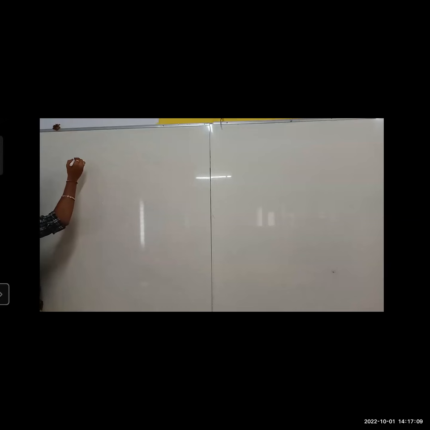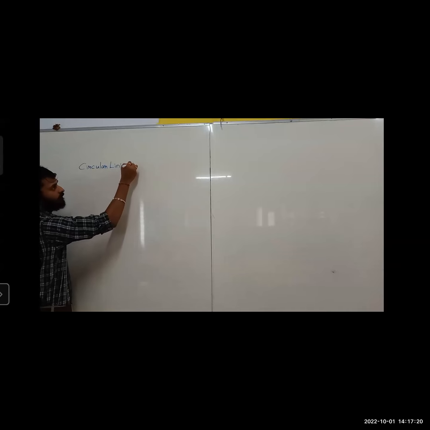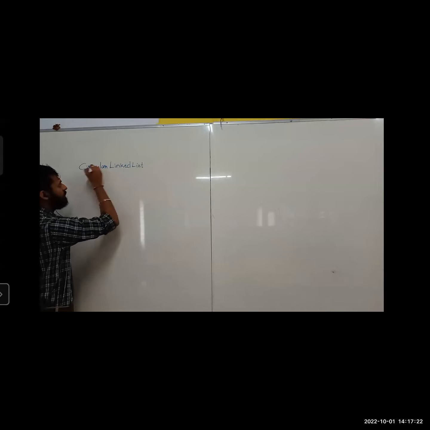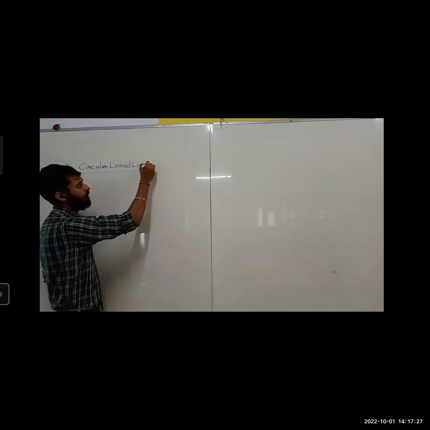So next, here I should consider this is nothing but a circular linked list. Yes. When I say circular linked list, as I've already told, there are two ways. Which are those?